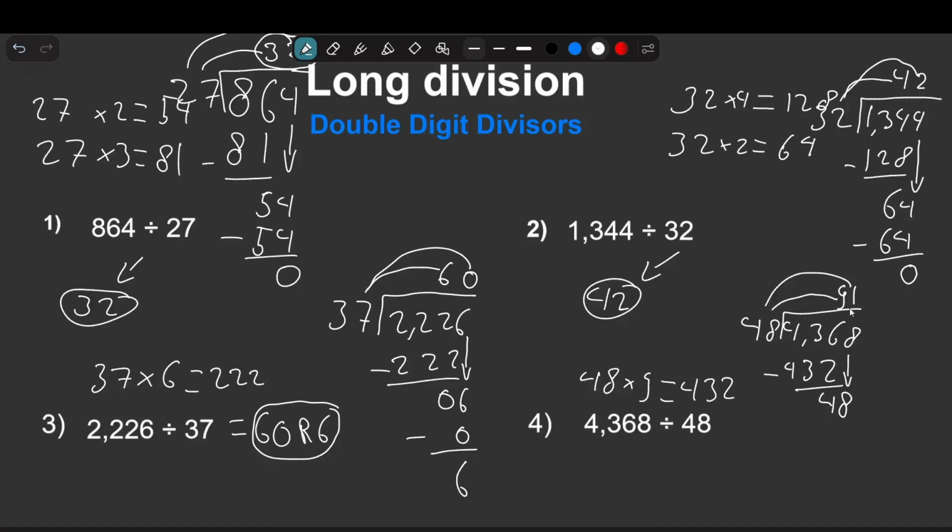So 48 times 1 will just equal 48, and we can subtract the two. So 48 minus 48, and this will equal a clean-cut 0. So this will get us to our final answer. Our final answer of the last example will be 91 without any remainders because we ended up on a clean-cut 0.